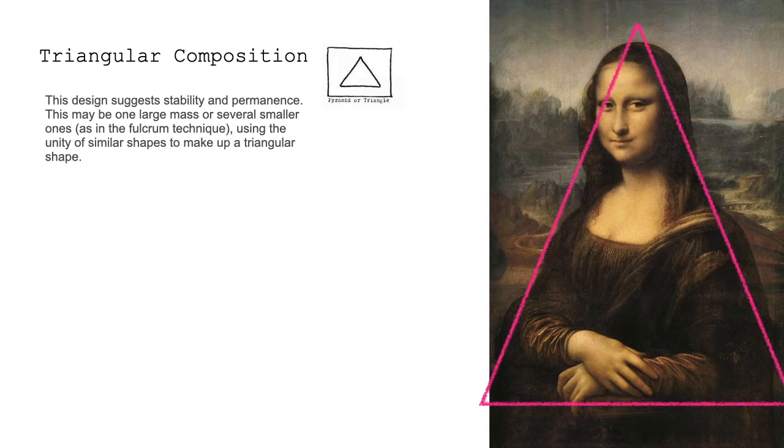We can't talk about triangular compositions unless we were talking about the Mona Lisa. And that's what we're looking at right here, a picture of Da Vinci's Mona Lisa. And not only is he using a triangle composition, but he's taking it one step further, and it's more of a pyramid. So I think I told you before that this is the first time in history where the three-quarters view was actually explored.